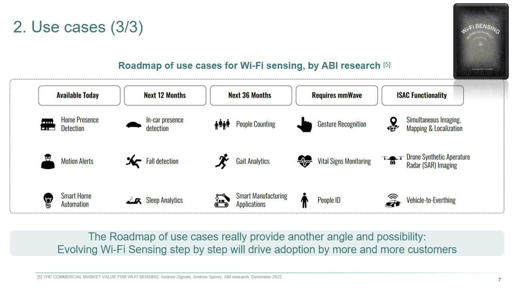I can give some examples in manufacturing. We can use the sensing technology to detect presence, for safety consideration, and we can also use sensing to detect and track the location of different moving targets, for example, an auto robot.